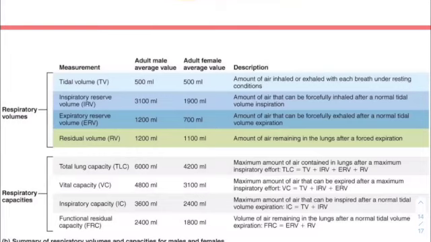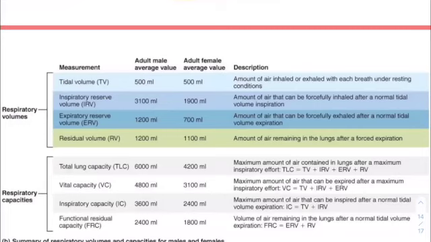Total lung capacity is how much air your lungs can contain. Vital capacity is the amount of air that can be breathed out after a maximal inspiratory effort.